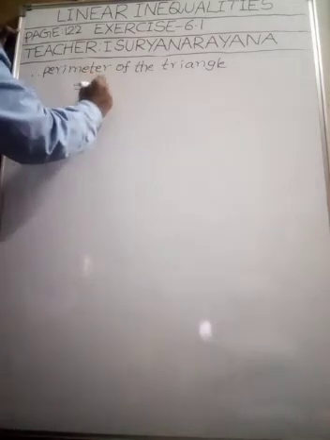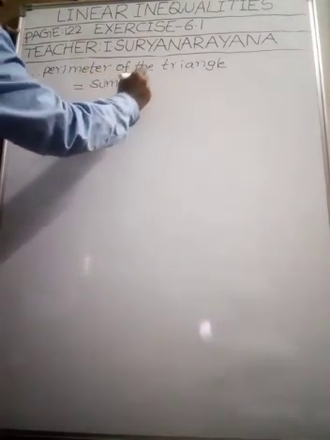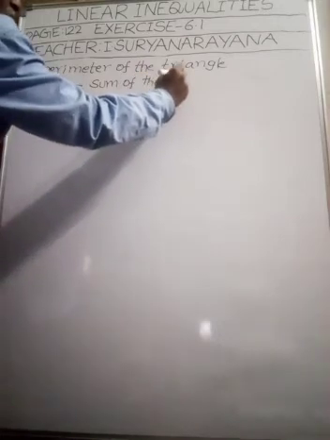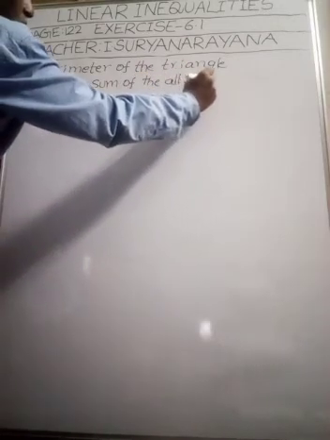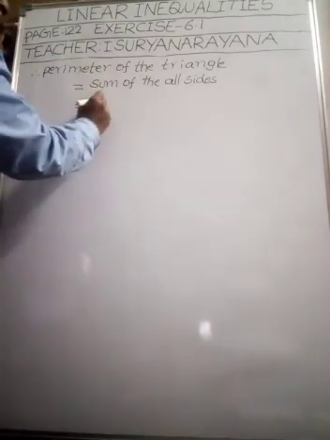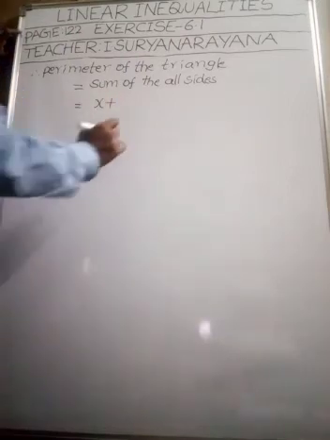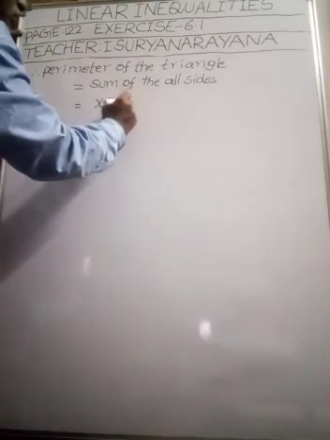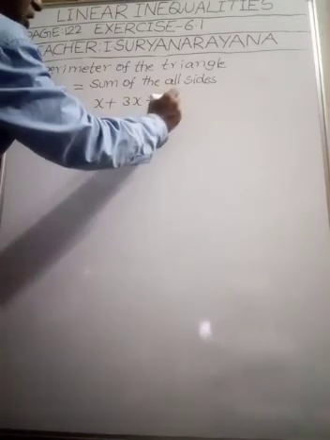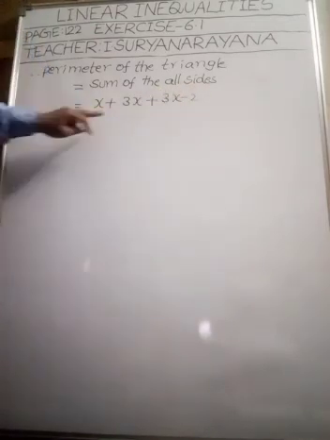Sum of all sides. Okay, my children. Now, what is the length of the shorter side? x. Then, what is the length of the longest side? 3x. What is the length of the third side? 3x minus 2. Understood this step, my children?